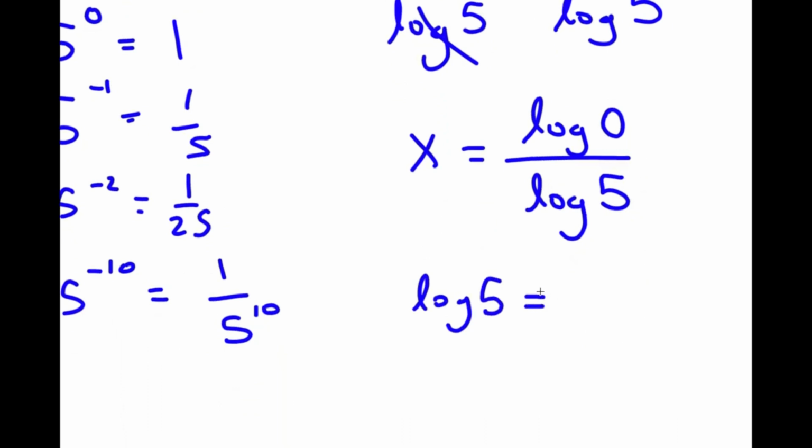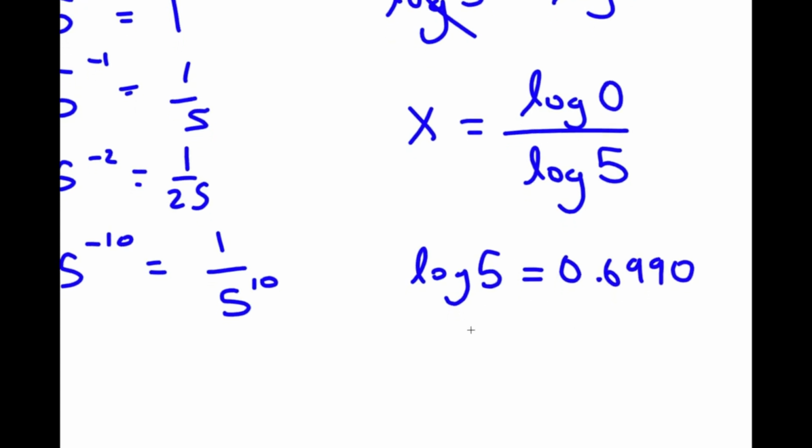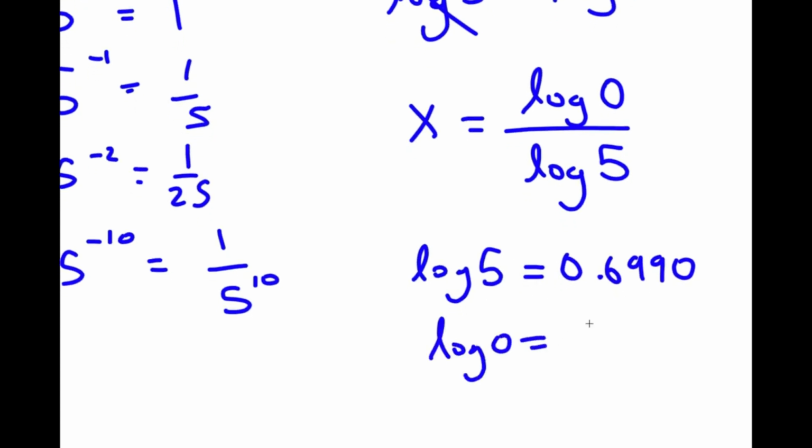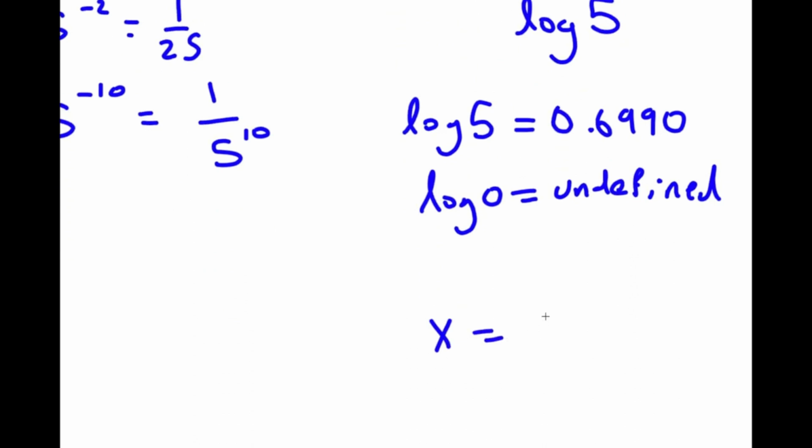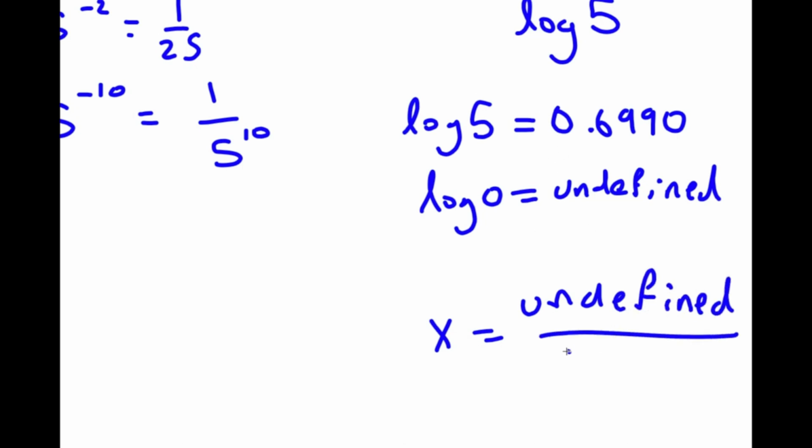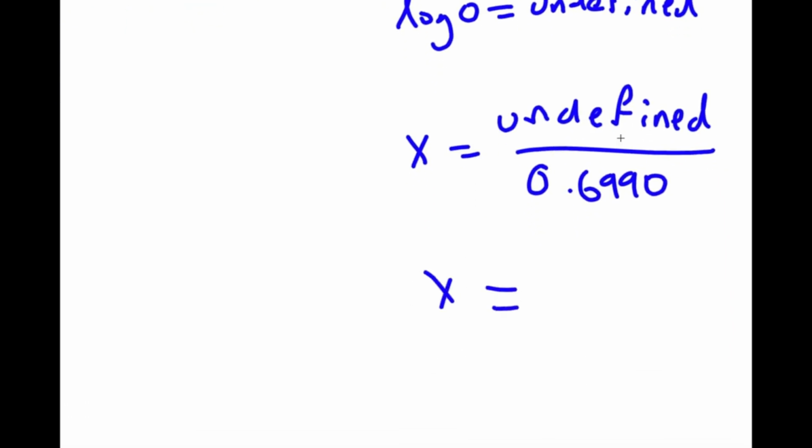Now log 5, this is equal to 0.6990, and log 0, this is actually undefined, meaning I have x is equal to undefined over 0.6990. Well, if something's undefined and you divide it by a number, it's still going to be undefined. So, meaning the value of x is undefined.